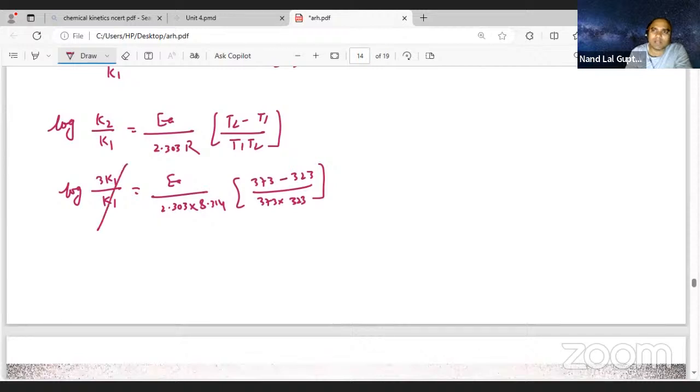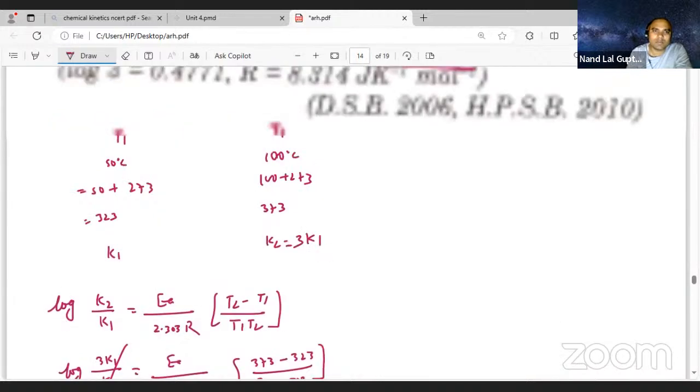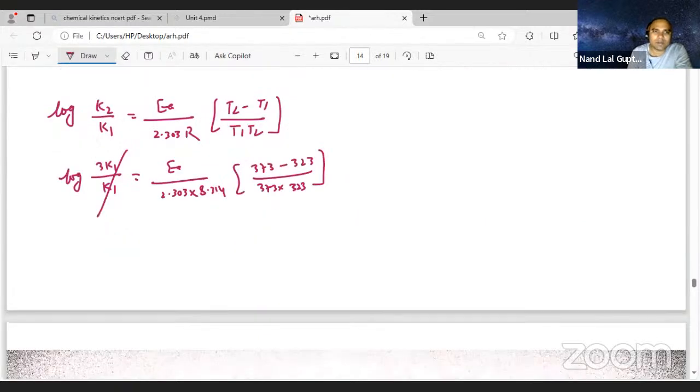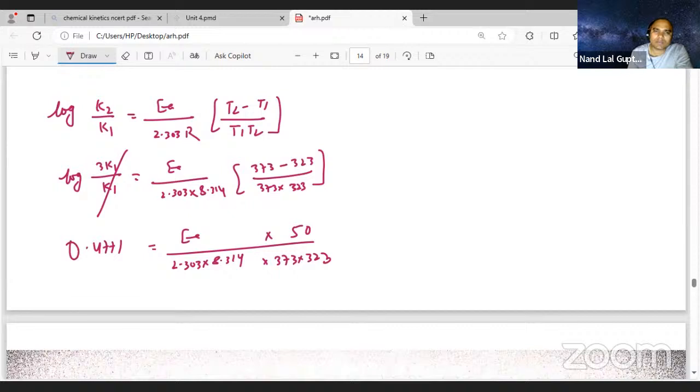So the log 3 value is also given, 0.4771. 0.4771 is equal to activation energy upon 2.303 multiplied by 8.314. And here, if you subtract, 50 is coming, and downside it is 373 multiplied by 323. So now we are supposed to get the activation energy.